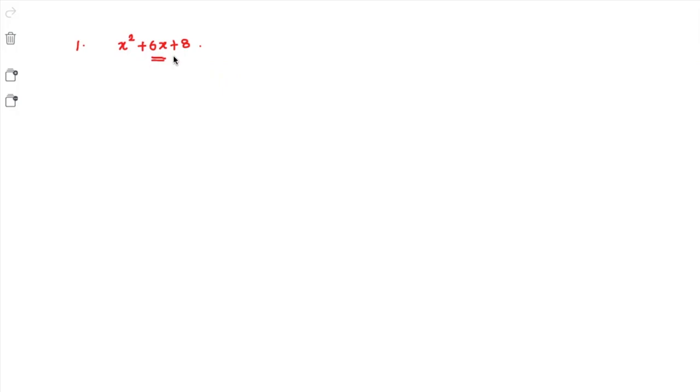What do we mean by the linear term of the variable? Any term which has a variable, it can be a, x, y, b, whatever it is, but the power of that term has to be 1. The power of that term has to be 1 and it has to be a linear term. That means it will have to have a variable. So that term has to be the middle term.